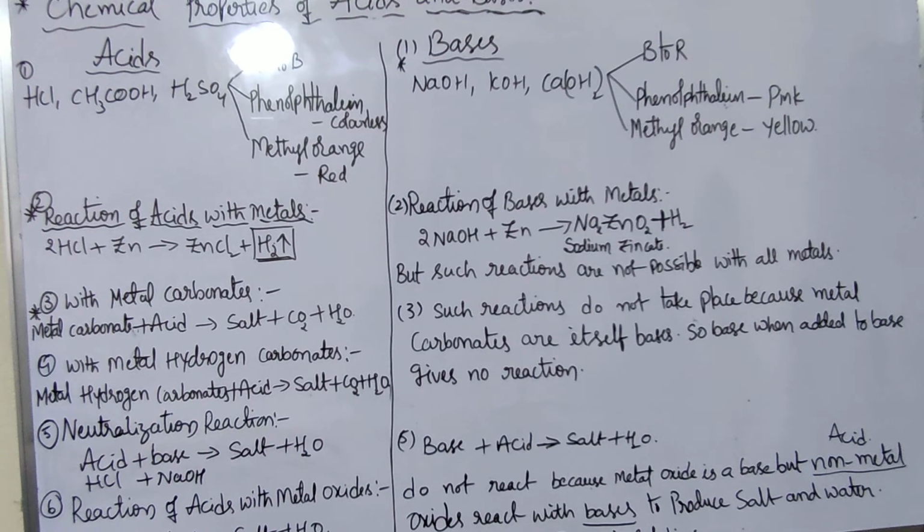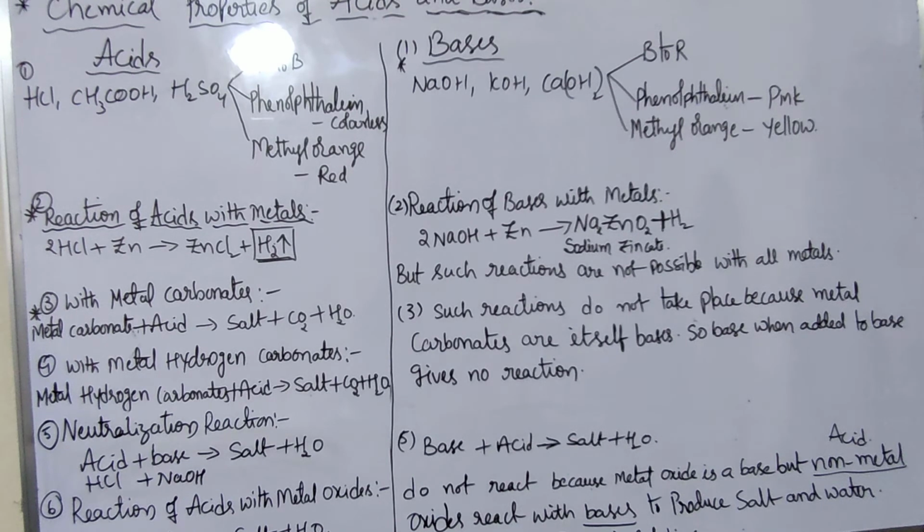When it reacts with an acid, dilute hydrochloric acid, it forms salt, carbon dioxide and water. But when bases react with metal carbonates, such reactions do not take place, because a metal carbonate acts as a base, and a base does not react with a base.